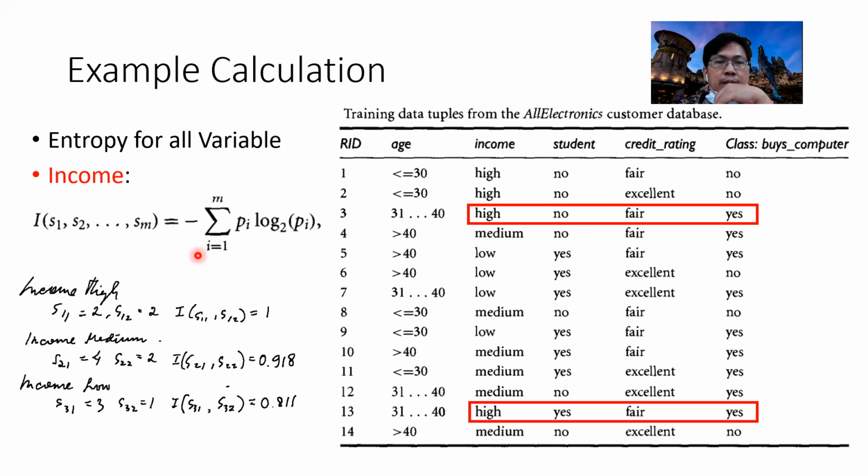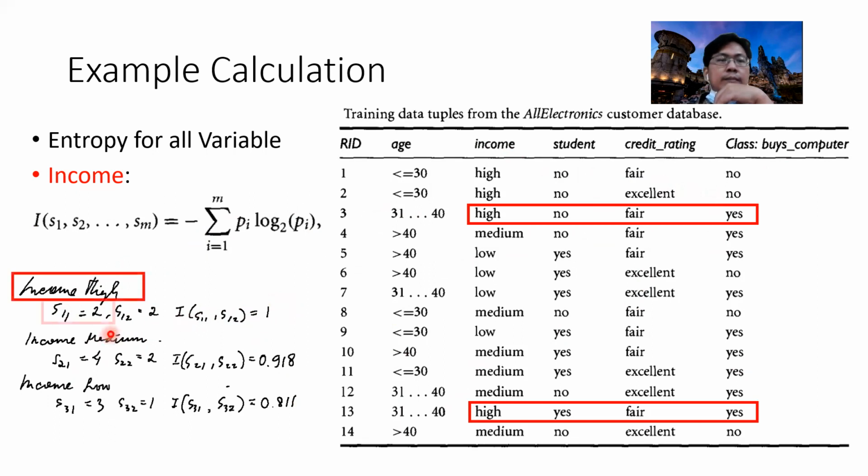Similar method, we calculate first the high. High, there are 2 yes and 2 no. All is 4. And the information is 1.